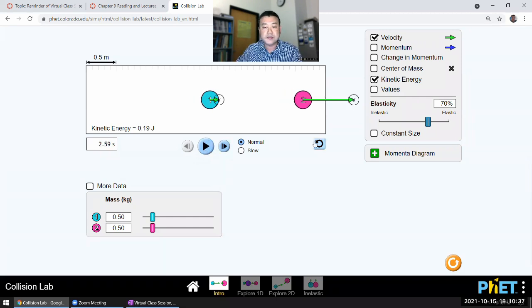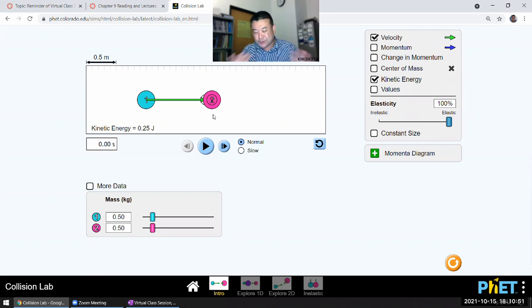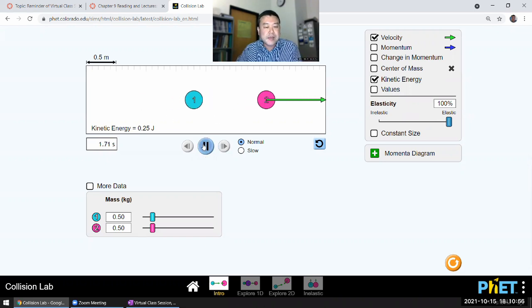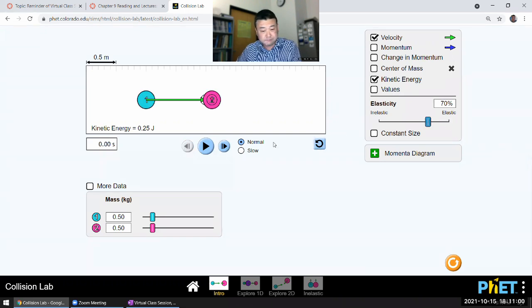So the fact that the ball one came to a complete stop before, that is a feature of an elastic collision involving very specific setups of the same masses, the target ball at rest, head-on collision. When all those conditions are met, then ball one stops. But you mess up any of those conditions, like the elasticity, you don't have that anymore. And you see the kinetic energy going down.